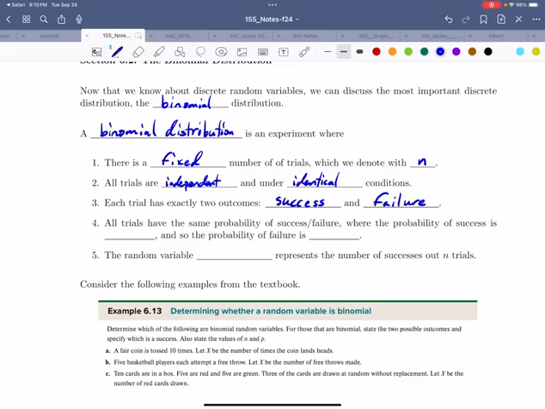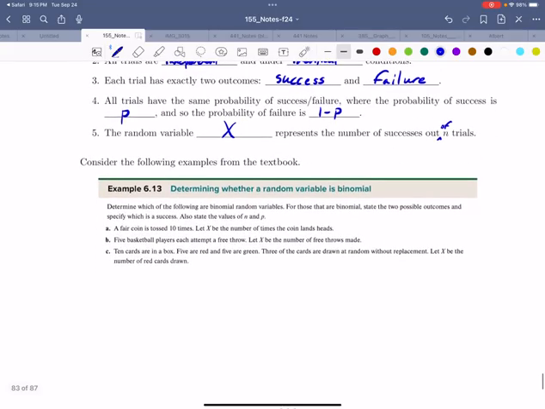And then all trials have the same probability of success and failure, where the probability of success we denote as lowercase p, and so the probability of failure is 1 minus p, right? Remember complements, right? The random variable, big X, represents the number of successes out of n. Sorry, that should have been out of n trials.